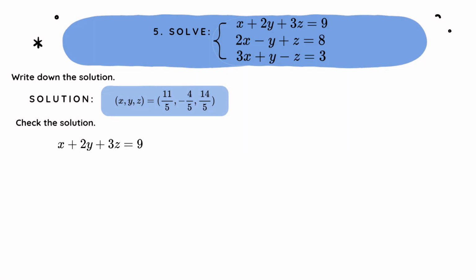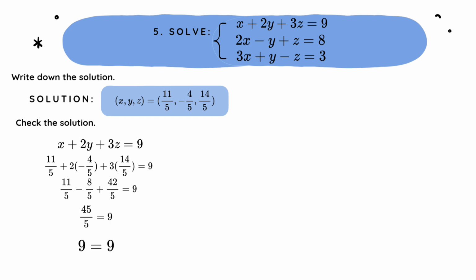Also, let's check our answers. Let's substitute the values of x, y, z to all three of our equations. In our first equation, x plus 2y plus 3z equals 9, we'll get 9 equals 9, which means we are correct.